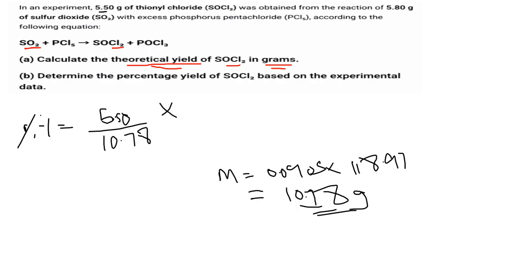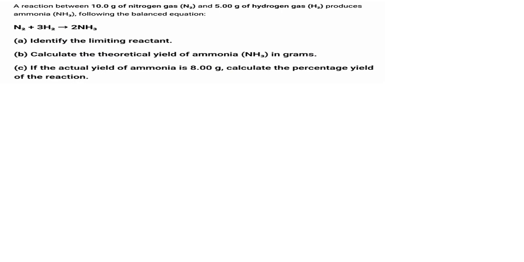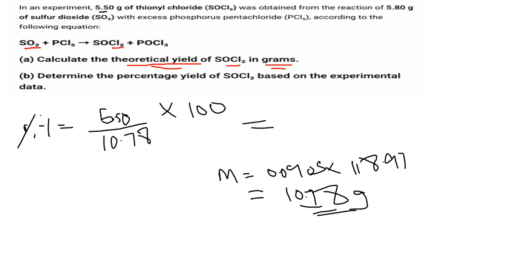Then we multiply by 100. So what are we going to get? When I multiply this on my calculator, I'm getting 51% as my percentage yield.